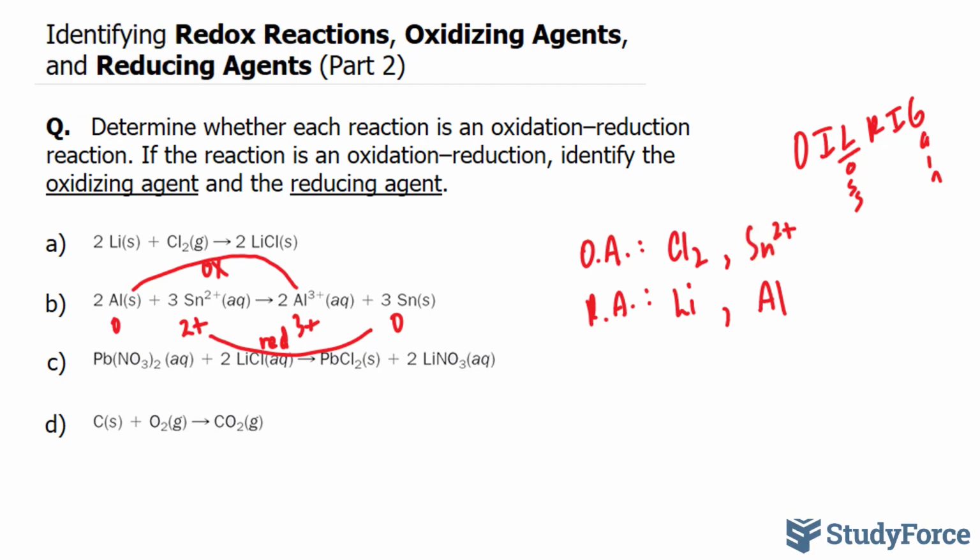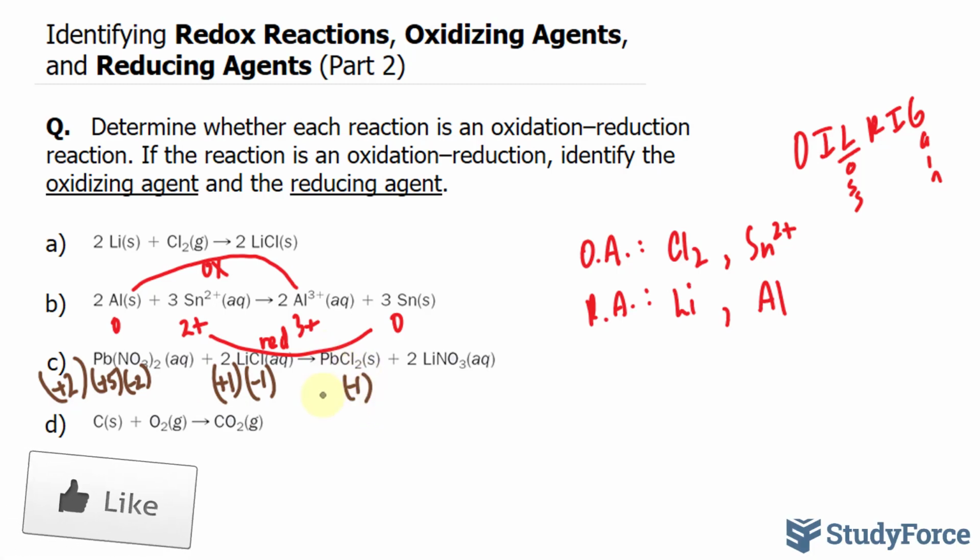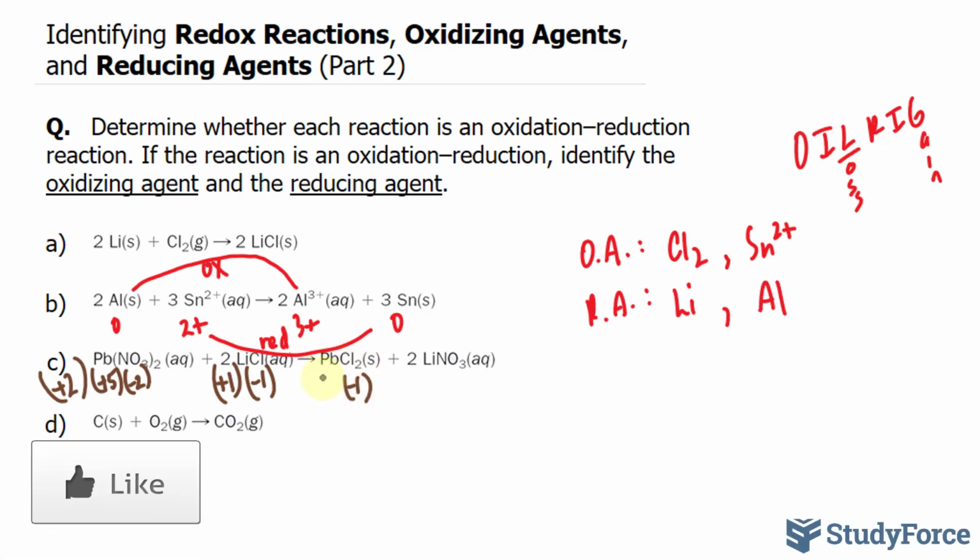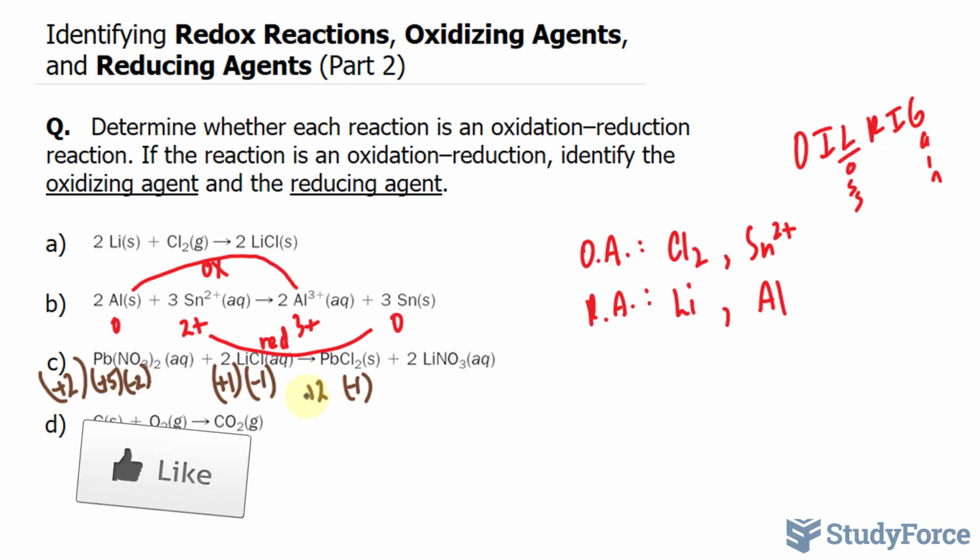Let's start with the oxidation states. Oxygen here has a state of 2-, nitrogen has a state of 5+, and lead has a state of 2+. Chlorine has a state of 1-, and lithium has a state of 1+. Chlorine here has a state of 1- as well, and lead has a state of 2+.